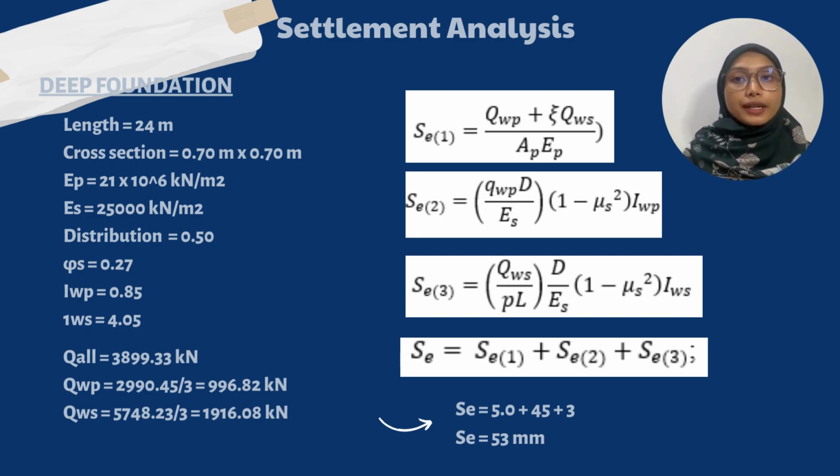0.27, and IWP is 0.85, and IWS, by the formula, is 2 plus 0.35 multiplied by the square root of L over D. And then for Q all, which is 3,899.33 kilonewton, and QWP is 996.82 kilonewton, and QWS is 1,916.08 kilonewton.